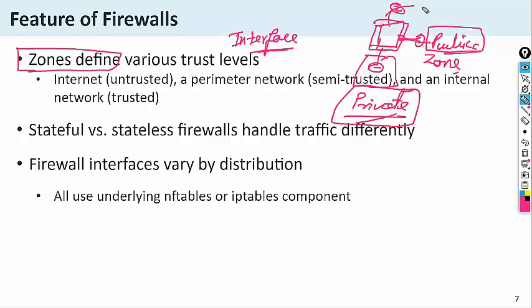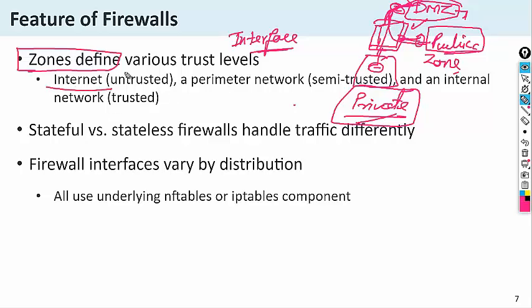And this interface is connected to my DMZ, which means the network or the servers connected to this network are available for the public as well as available for the private network. So this is called the DMZ zone.